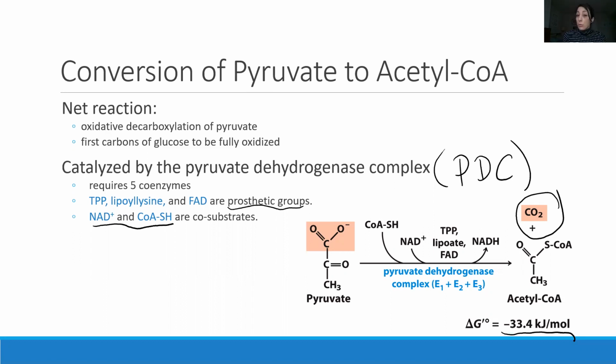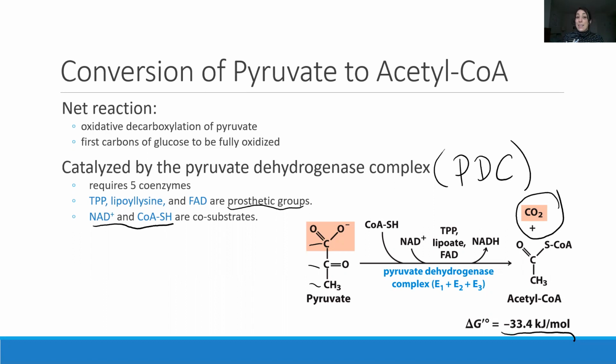Remember that when glucose is breaking down into pyruvate, we do not lose any carbons through CO2, right? Glucose is a 6-carbon molecule, and it makes 2 3-carbon molecules. That's pyruvate, right? Pyruvate is 3 carbons long.